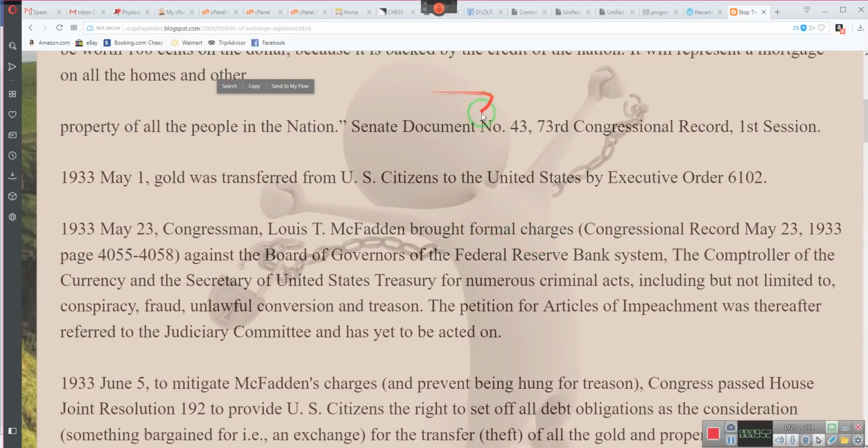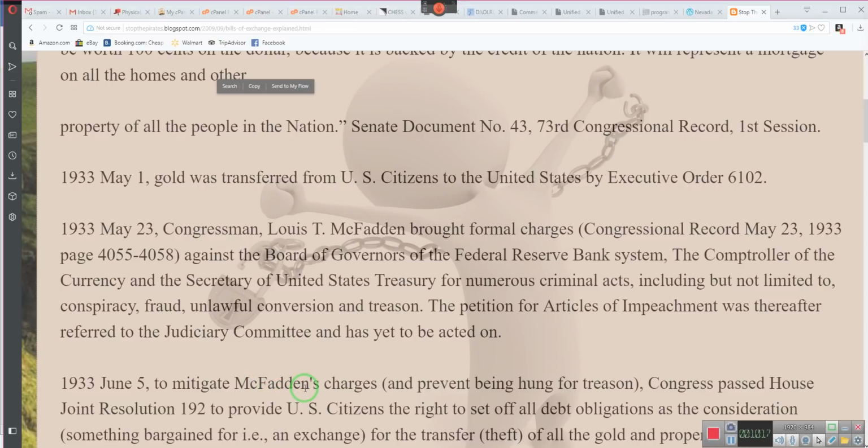May 1st, 1933, gold was transferred from the United States citizens to the United States by Executive Order 6102. Okay, this right here, and look, mitigate charges to prevent from being hung for treason. Congress passed, don't worry about that, hung for treason. Okay, McFadden was not a part of this, people.